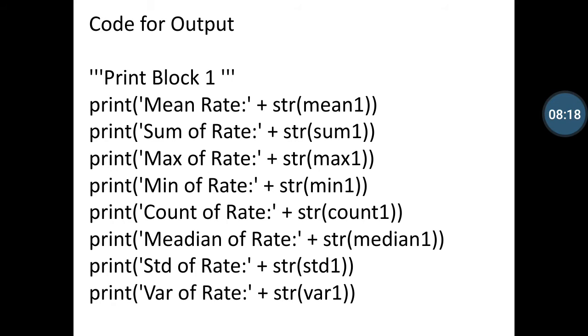Then print the maximum value with max1, and print the minimum value of rate with str min1. Then I am counting the rate values, so I write the count of rate as the output. I define str count1, then print the median of the rate with the str median1 variable, and then the standard deviation with std1, and the variation of the rate is str var1 for the output.